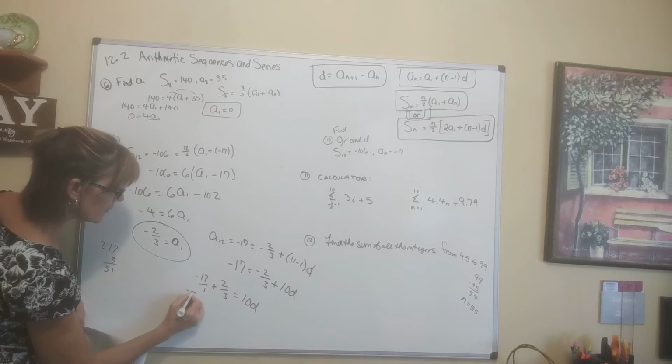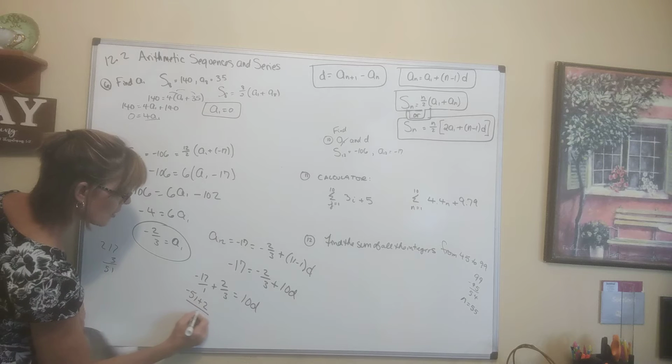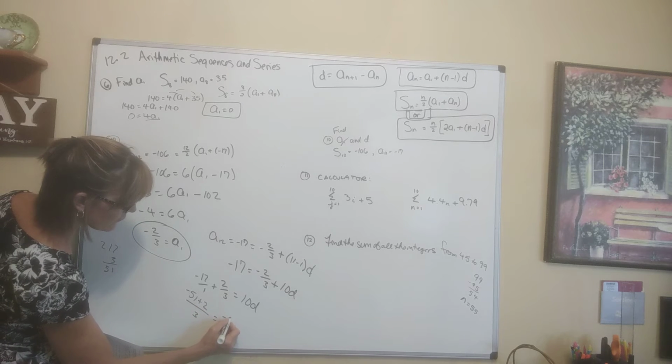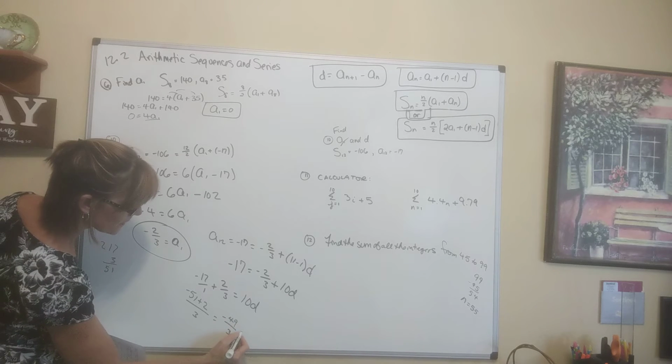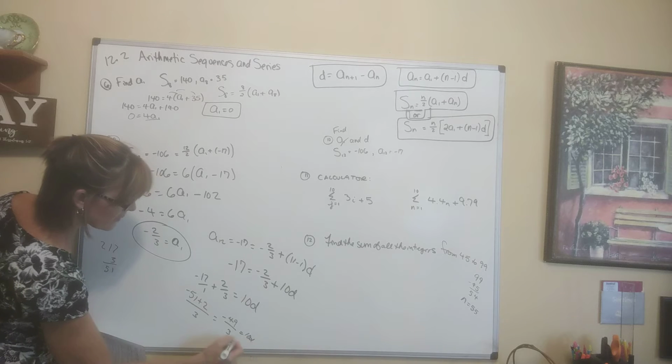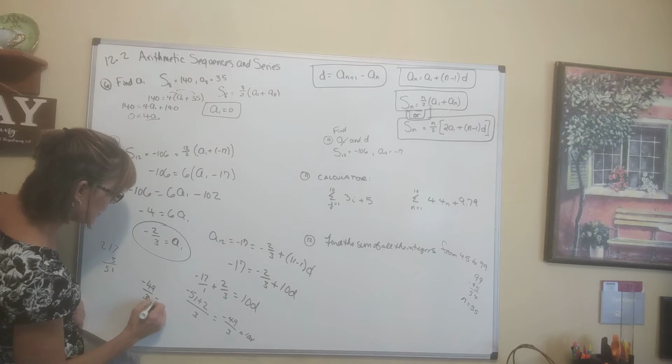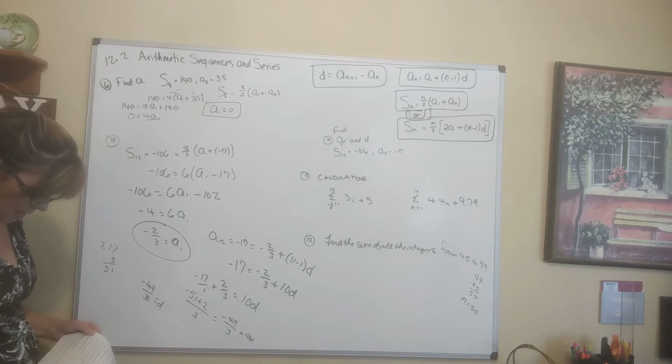This will be a negative 51 plus 2 over 3, which gives me negative 49 over 3 is 10D. If I divide both sides by 10, I get negative 49 over 30 is what D is equal to.